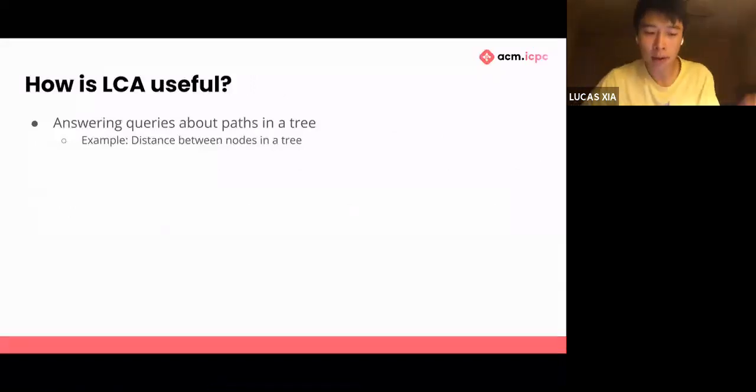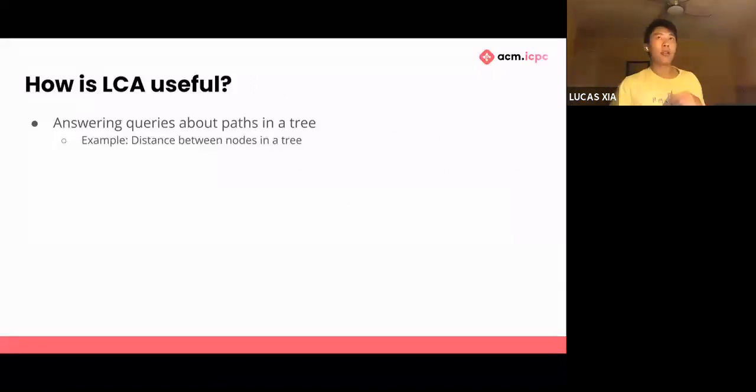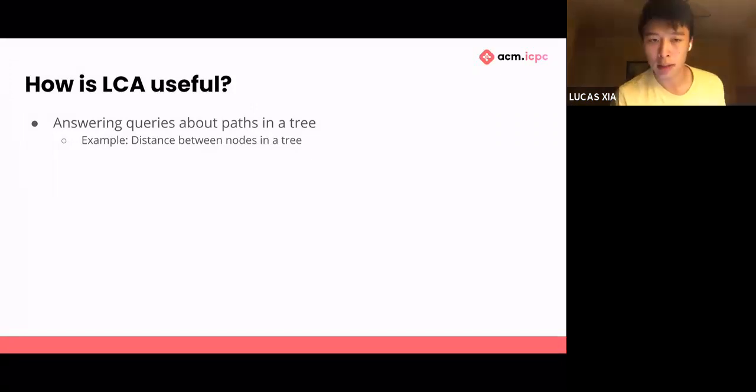So now, how is LCA any useful, right? How does computing this ancestor node tell us anything? One way it's useful is in a very standard problem, computing the distance between nodes in a tree. Can anyone tell me some other way you could compute distances between nodes in a tree?